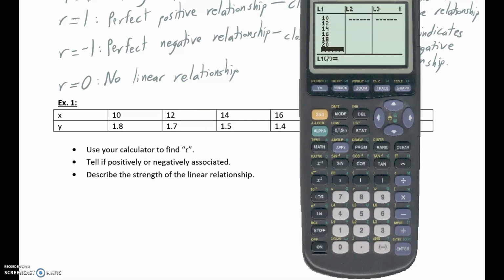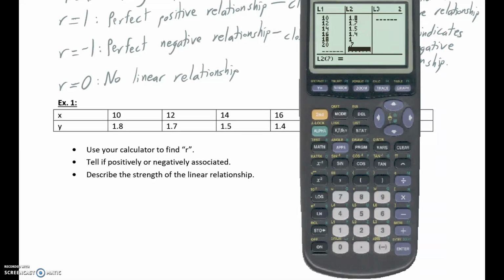Then I'm going to go to L2 and type in my Y values. 1.8 goes with 10, right? 1.7, 1.5, 1.4, 1, and 0.7.